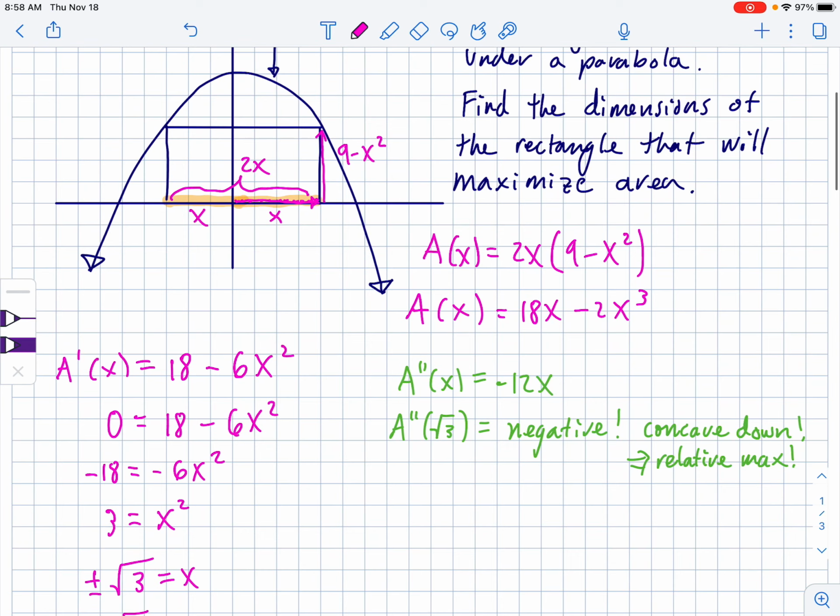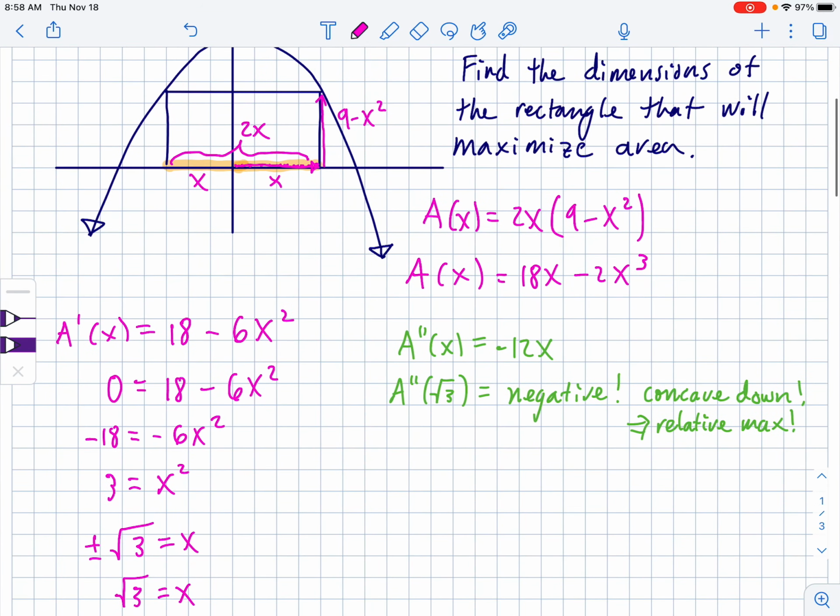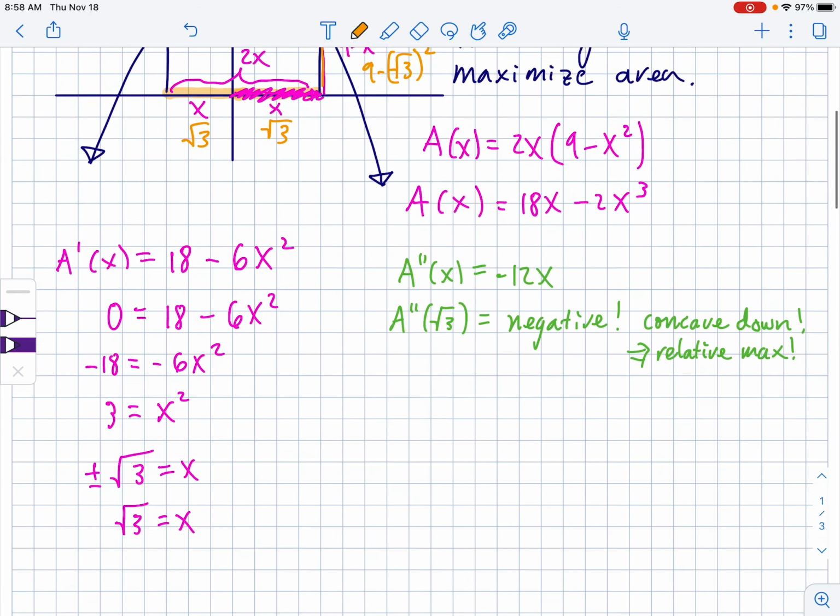Now, back to what the question asks. It says, find the dimensions of the rectangle that will maximize area. Well, remember that we just found x, which is just this side right here, and it was root 3. So if this side is root 3 and this side is root 3, that means that one of the sides is 2 root 3, but then the other side is going to be 9 minus root 3 squared, which root 3 squared is just 3, and you get 9 take away 3, which is 6.